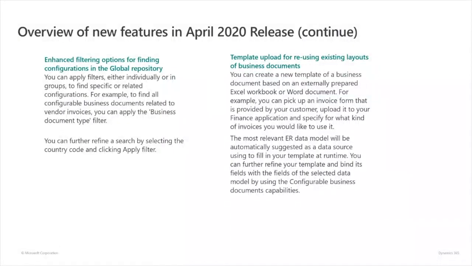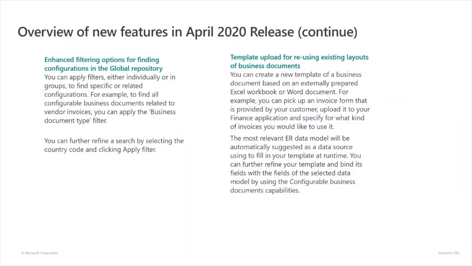Now, all this functionality which we have released before allows you to do a quick customization of available templates. But the last feature we'll be talking about today, template upload for using existing layouts of business documents, allows you to import a brand new template, for example, of invoice or packing slip, etc., right?